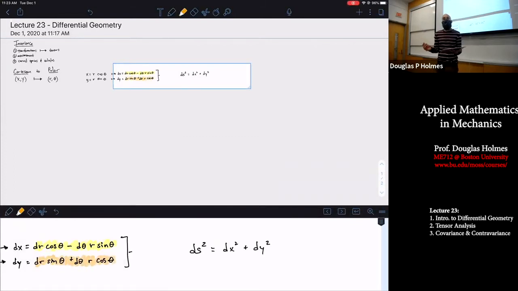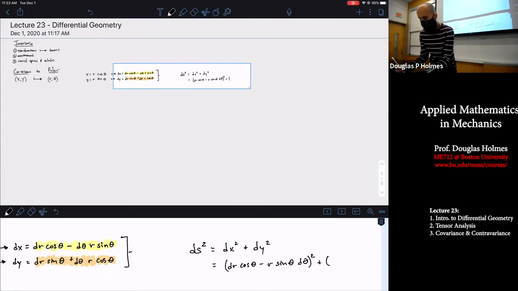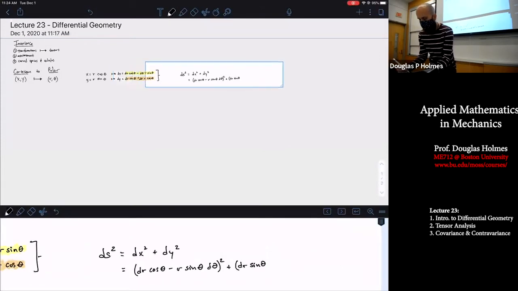And so if this is the distance or the length of a line element in Euclidean space, then the length of a line element in polar coordinates is going to look like, let's see here, we have to square dx, so it's going to be (dr cos theta minus r sine theta d theta) squared, I just moved that around, plus (dr sine theta plus r cos theta d theta) squared.